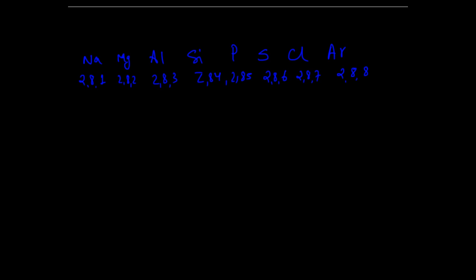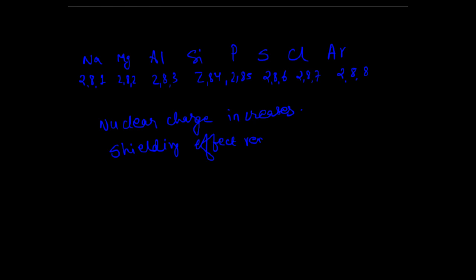In this case, nuclear charge is increasing. But what is the change in shielding effect? If you pay close attention, in each case the shielding effect remains fairly constant. Why does shielding effect remain fairly constant?